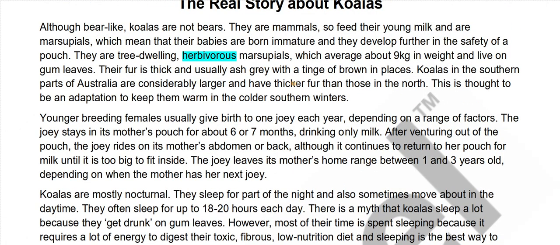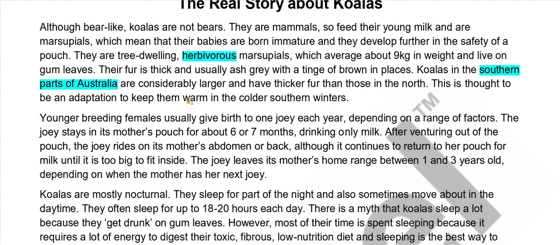They average about 9 kg in weight and live on gum leaves. Their fur is thick and usually ash grey with a tinge of brown in places. Koalas in the southern parts of Australia, so this is our locator. Koalas in the southern parts of Australia are considerably larger and have thicker fur than those in the north.